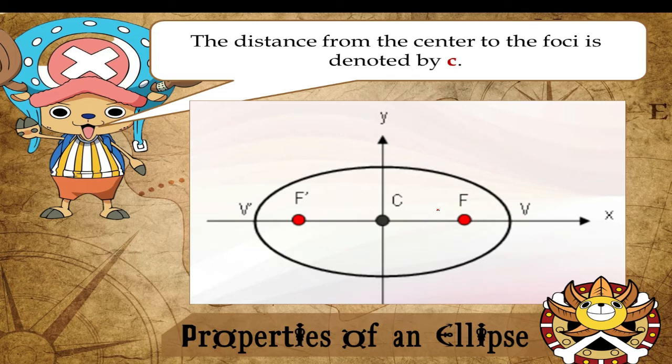Third property, the distance of the center to the foci is denoted by letter c. We all know that the distance from the vertex to the center is denoted as letter a. The distance from the foci to center is denoted as letter c, small letter c. Capital letter C is our center, the small letter c is our focus.